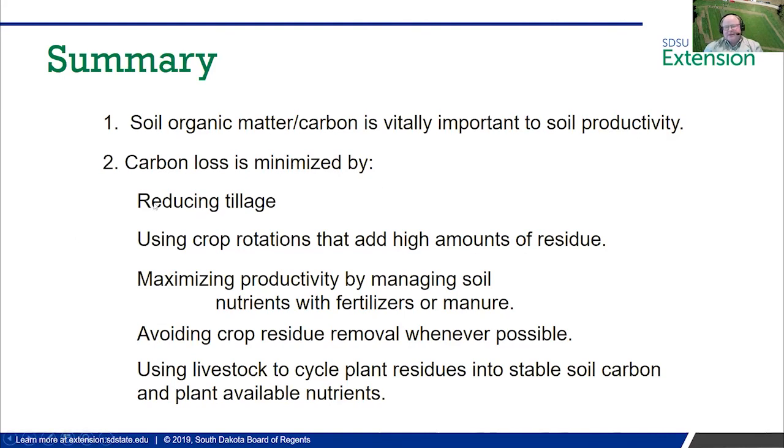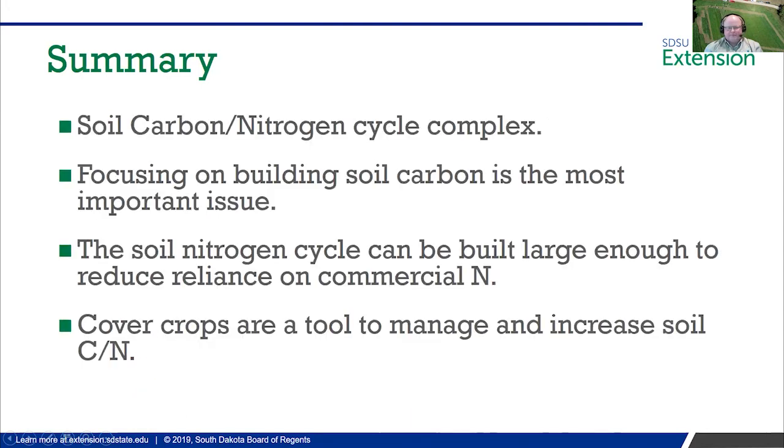Carbon loss is minimized by reducing tillage, using crop rotations that add high amounts of residue, maximizing productivity by managing soil nutrients with fertilizers and manures, avoiding crop residue removal whenever possible, and using livestock to cycle those above ground plant residues.